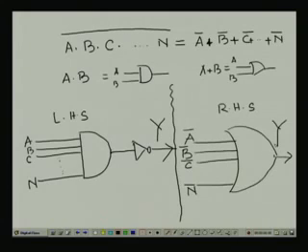Now, these two are the same. In this way we can convert the logic gates, that is, how the AND gate is converted to the OR gate, that rule is given by De Morgan's first rule. Now, we see the second rule.